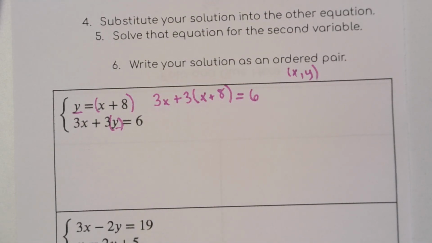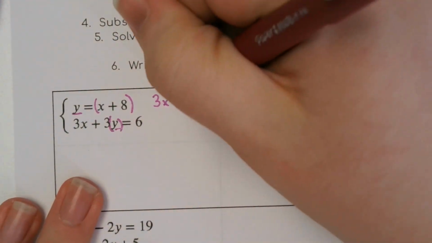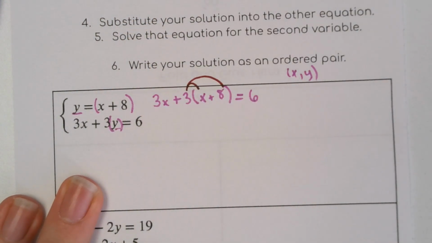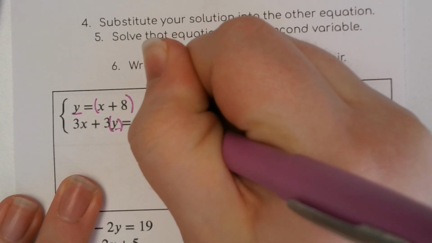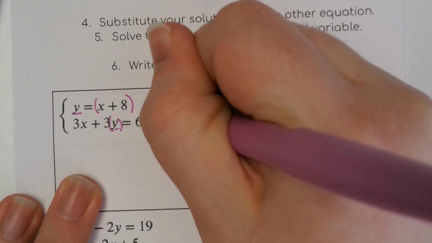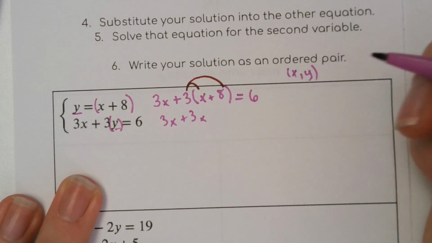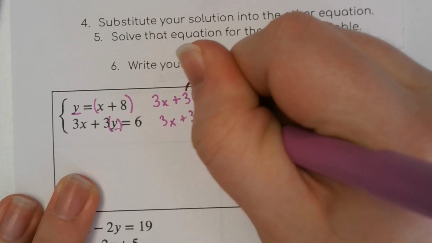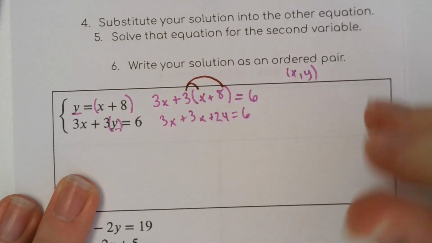All right, so to solve this, the first thing we have to do is distribute. So we get 3x plus, well, 3 times x is 3x again. What's 3 times 8? Good. And then equals 6.